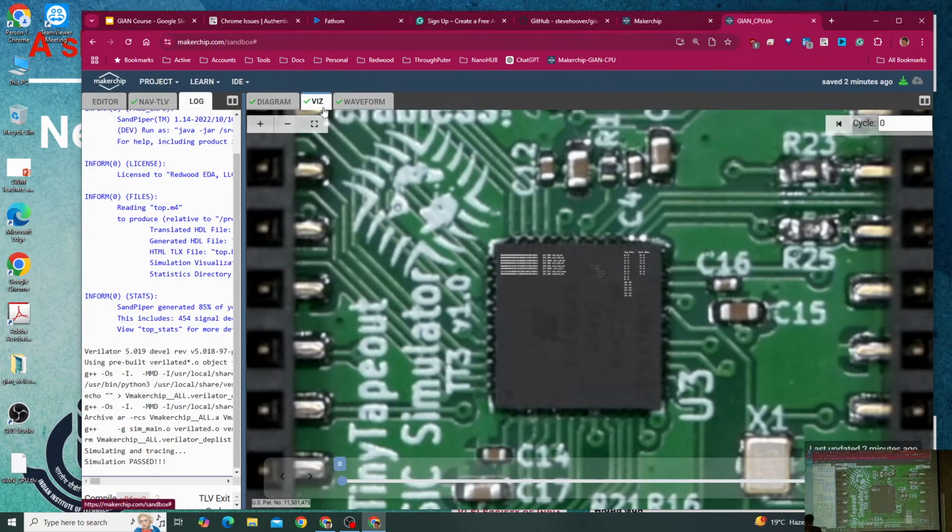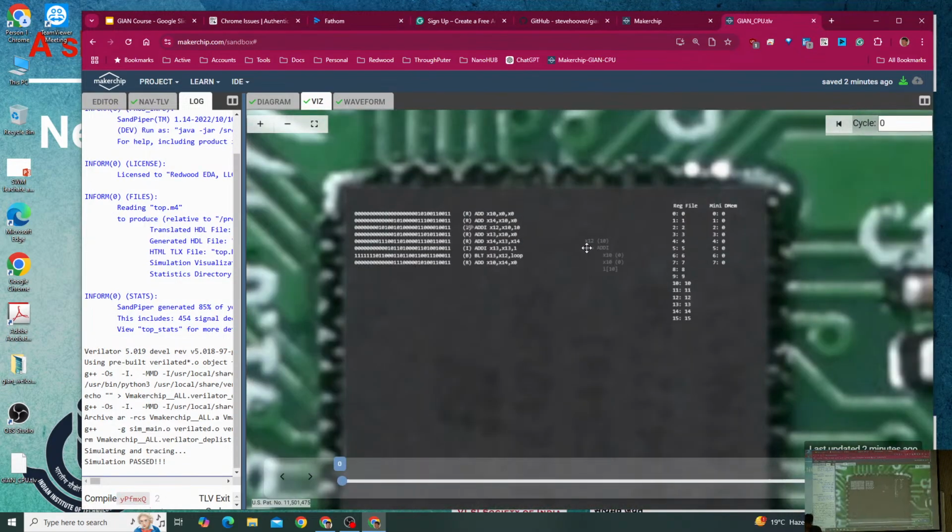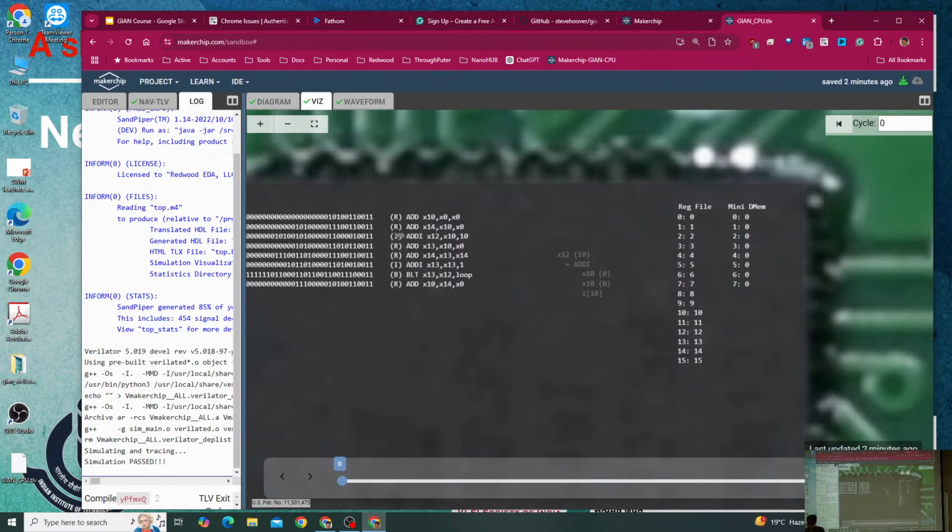We are. And if we let this CPU run, we should see it step through and iterate through 10 loops and then fall through the branch eventually.